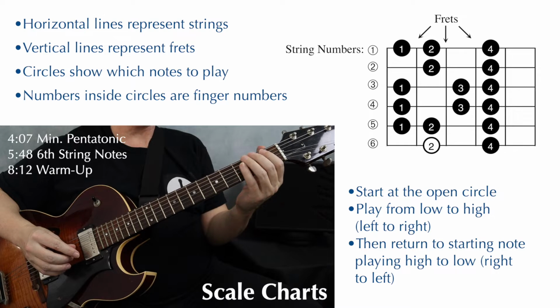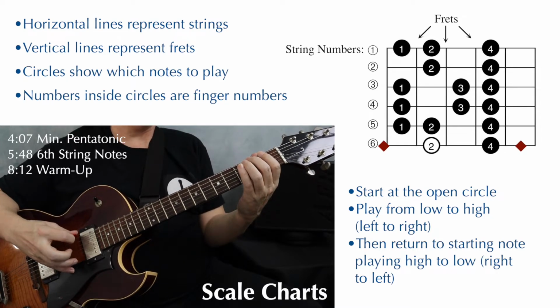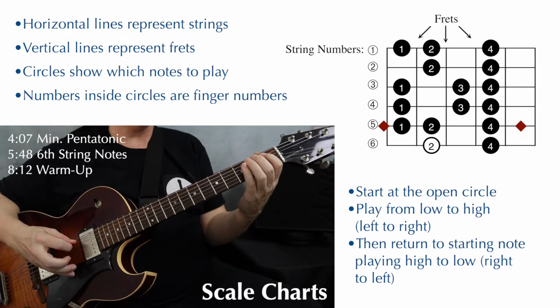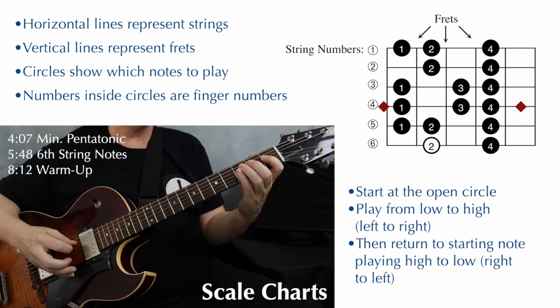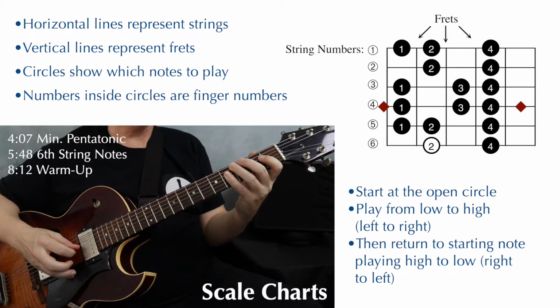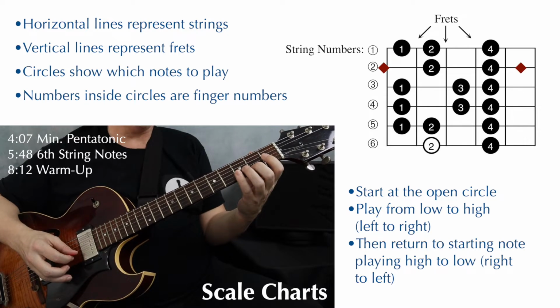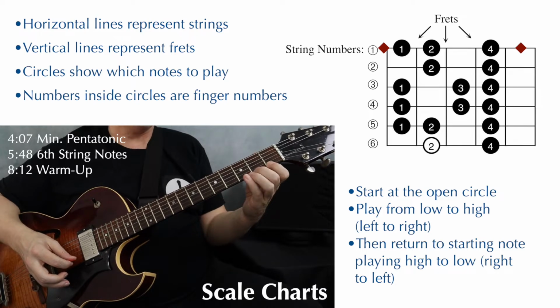So in this first example, we start with finger 2 and play 2, 4. Next string, we play 1, 2, 4. Next string, 1, 3, 4. 1, 3, 4. 2, 4. 1, 2, 4.